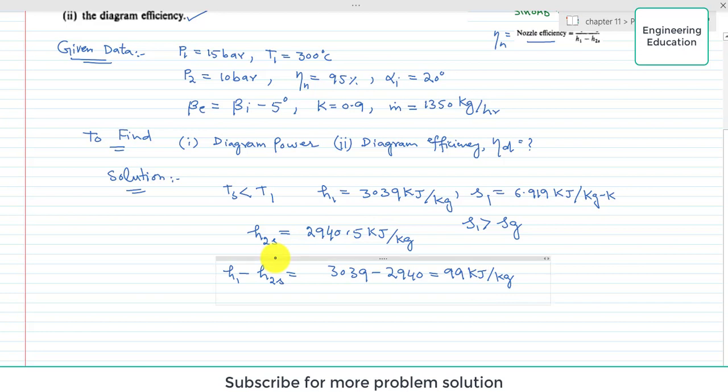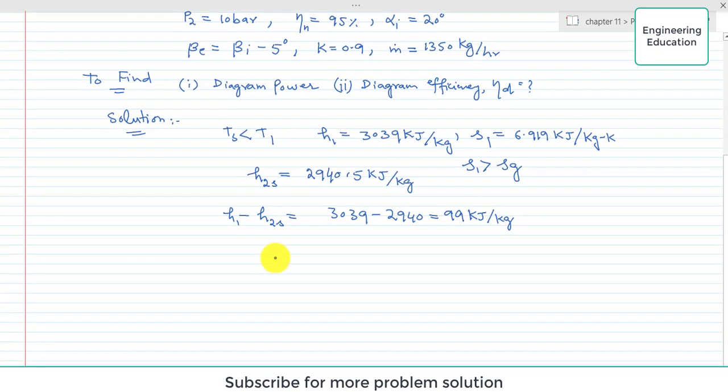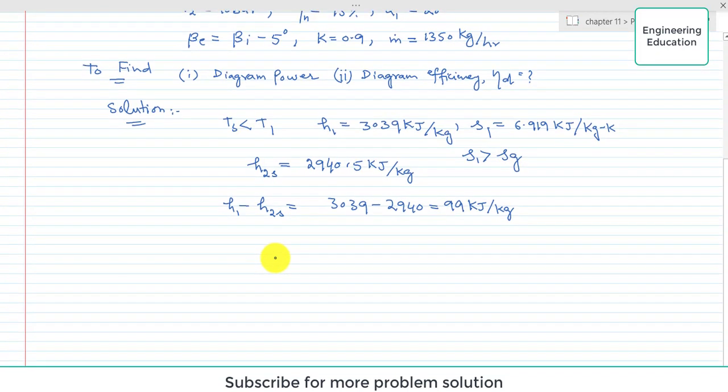Now to find the actual enthalpy drop, we will use the nozzle efficiency expression. The actual enthalpy drop H1 minus H2 is equal to nozzle efficiency times H1 minus H2S.